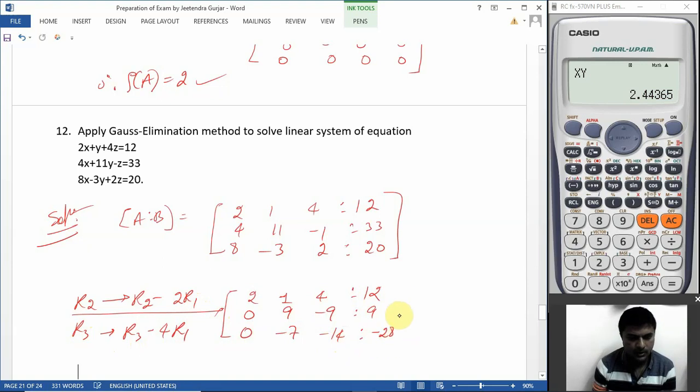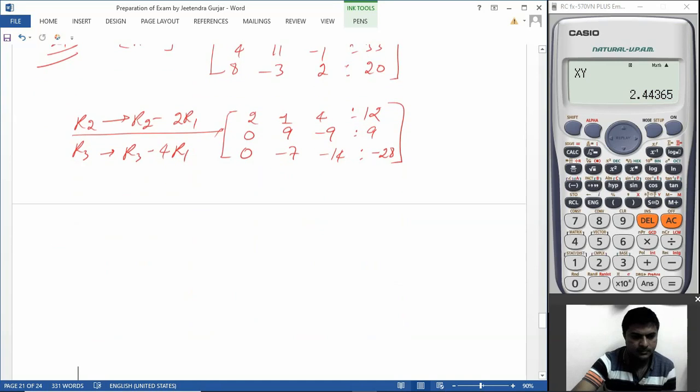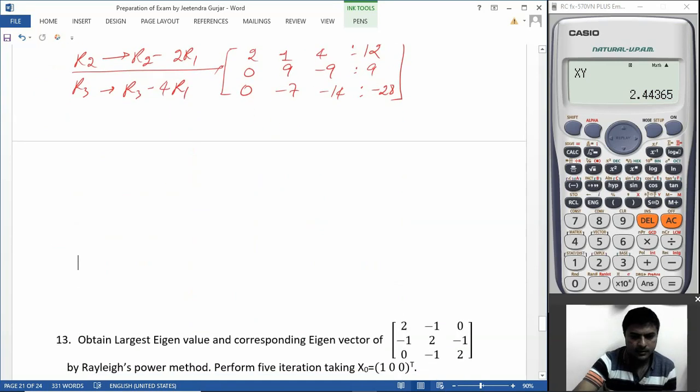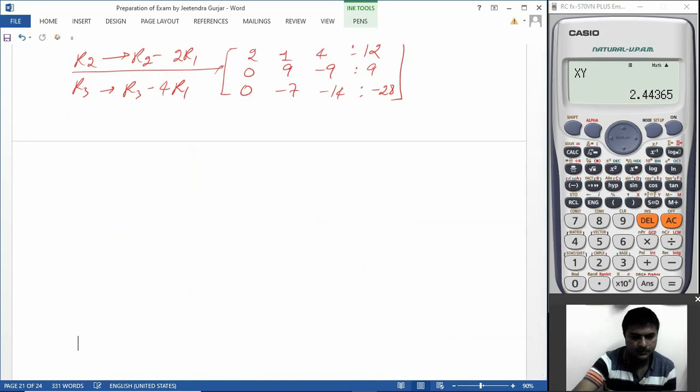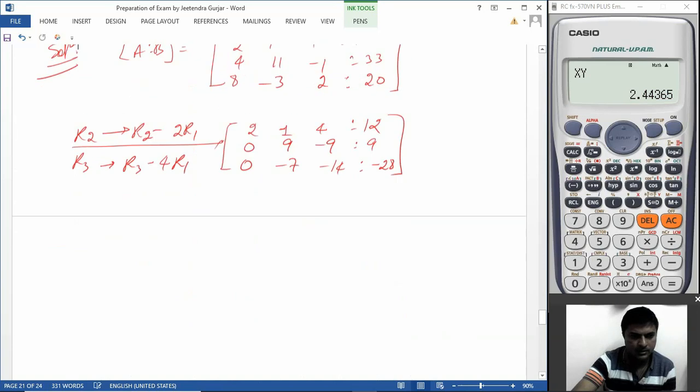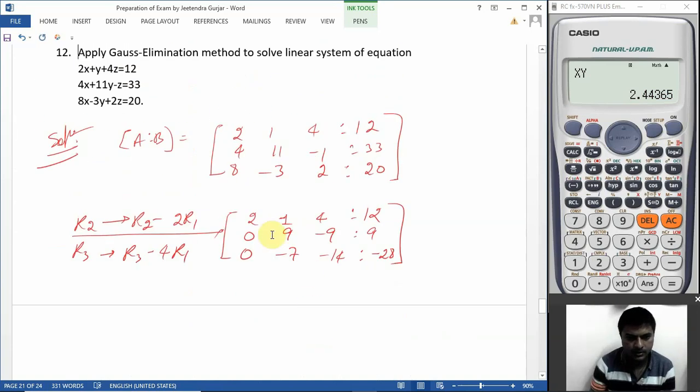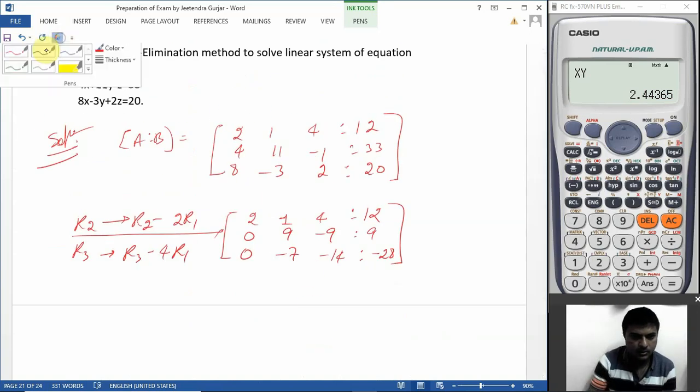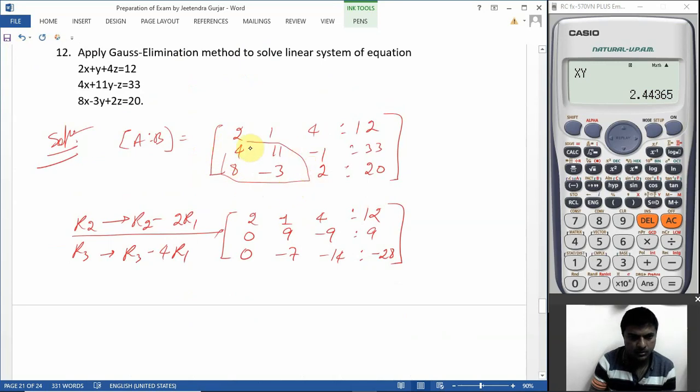So my matrix is 2, 1, 4, 12. Next is 0, 1, minus 1, 1, 0, minus 1, 2, and this is 4. Is it clear? Okay, so this is the matrix we get after substituting the transformation.